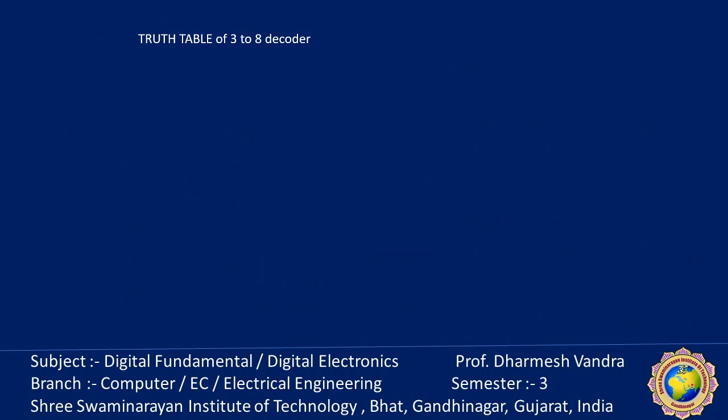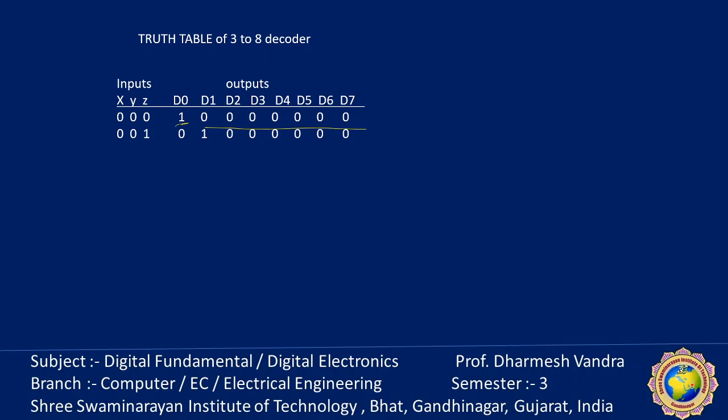Let's see the truth table of this function. If my input is 000, then D0 is 1 and the remaining are all 0. 001 means 1, so the D1 line will become enabled. 010 is equal to 2, so the D2 line will become 1, and the remaining are all 0.